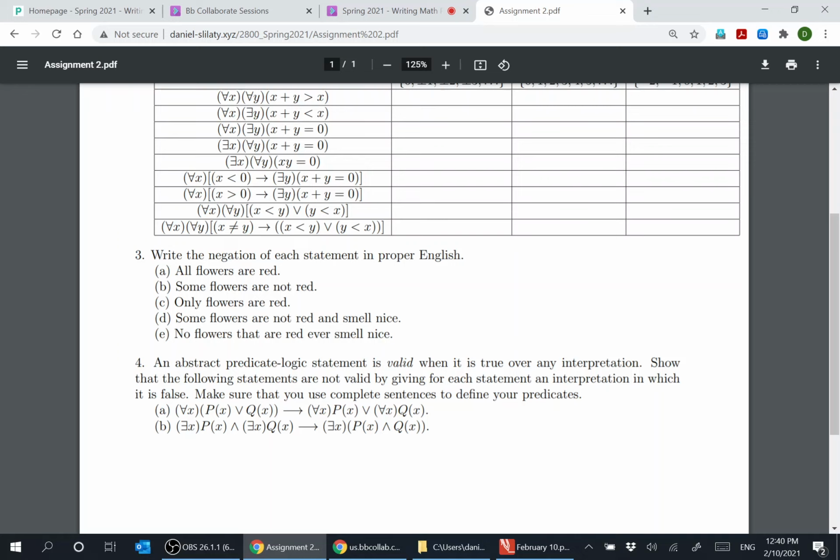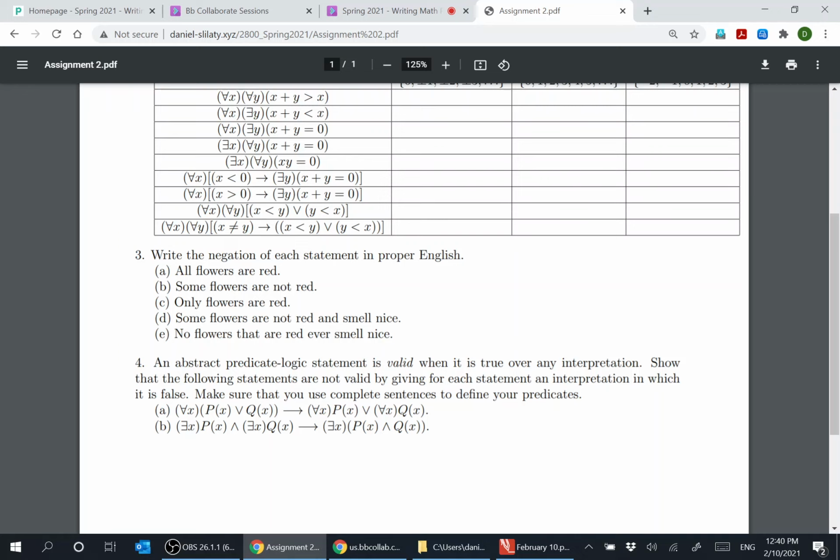Okay, what about this? There exists something in the domain that is P, and there exists something in the domain that is Q. Therefore, there exists something in the domain that is P and Q. So you must make this true and this false.